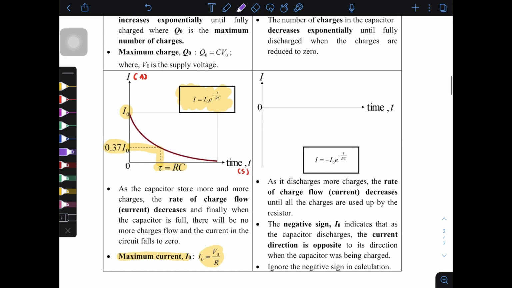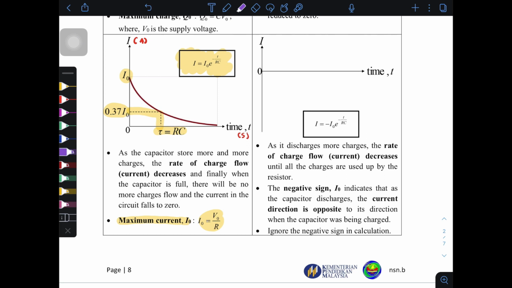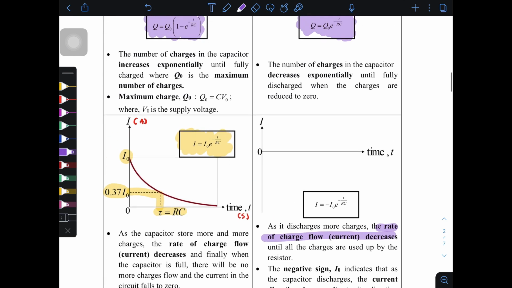Okay, what about the current? As it discharges more charges, the rate of charge flow, the current, decreases until all the charges are used up by the resistor. So when it discharges, there is electron flow. When there is electron flow, there will be current flow. But now our current flows in the opposite direction.